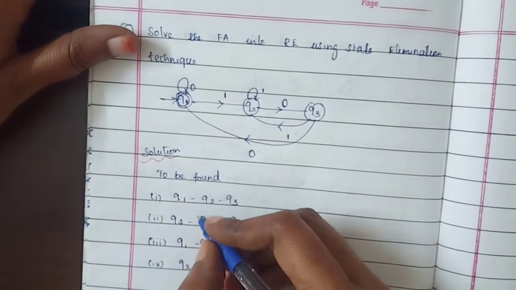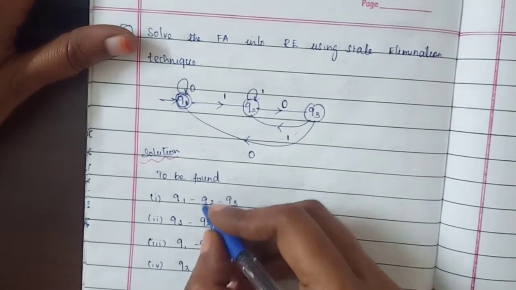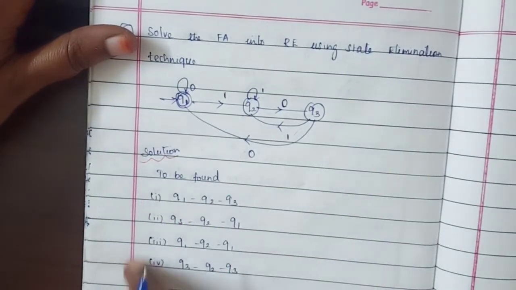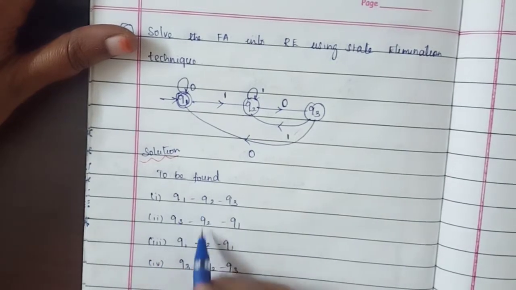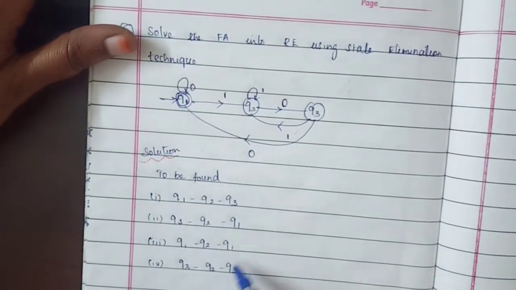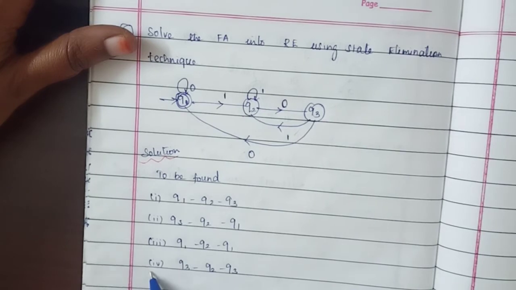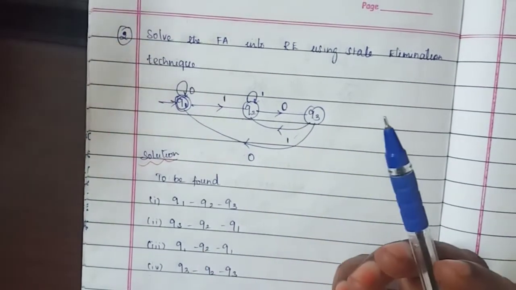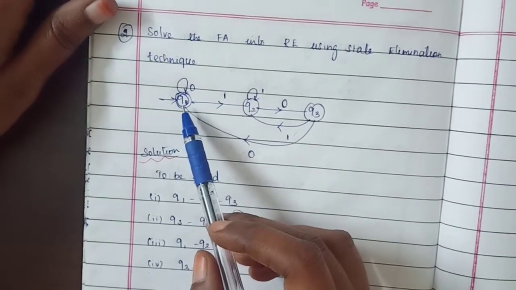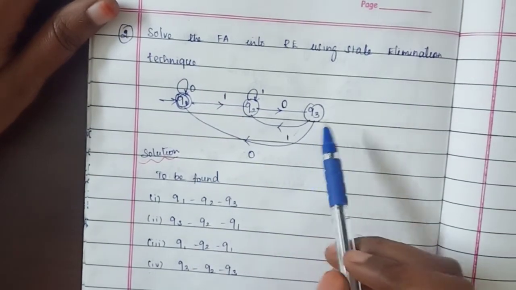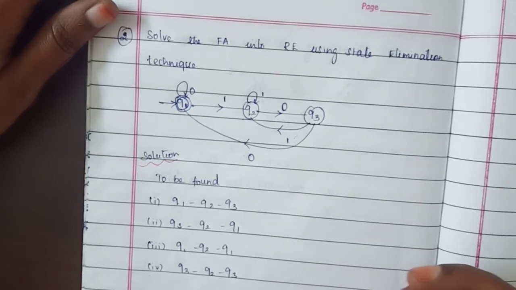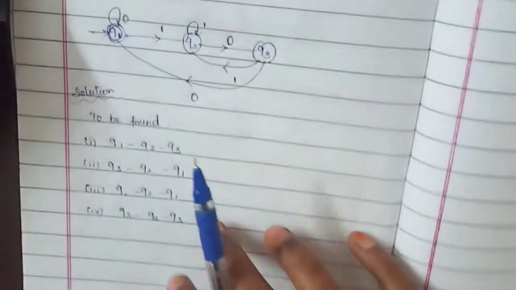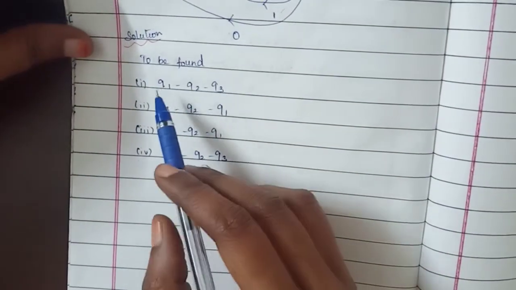Here we have to eliminate the intermediate state q2. When we use these four combinations, we completely eliminate q2, and the resultant diagram contains only q1 and q3. After that we have to eliminate q3, and finally we find the regular expression for q1. So we need to find them one by one.